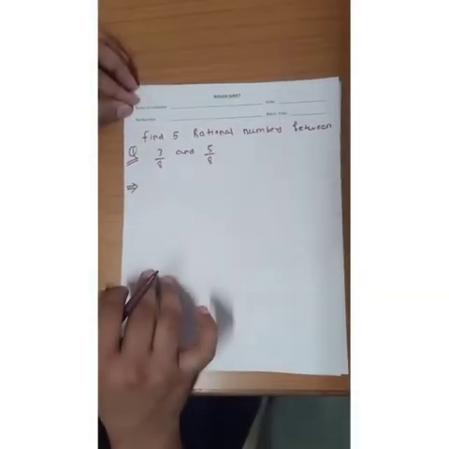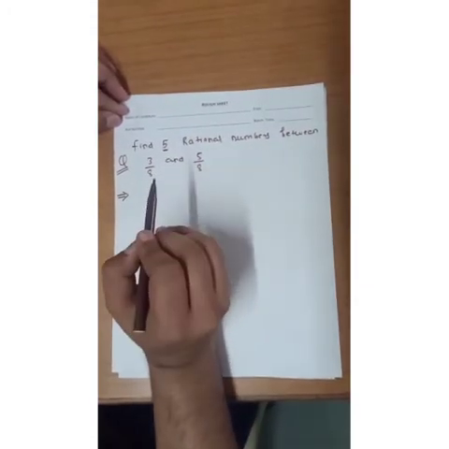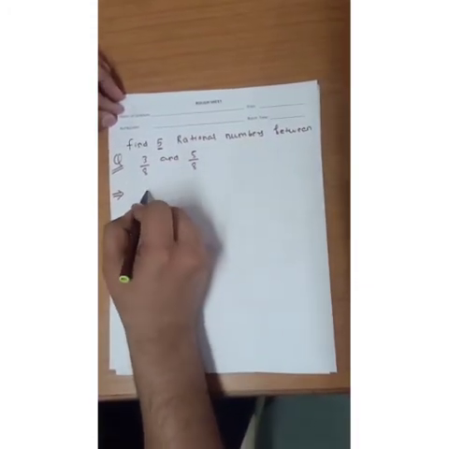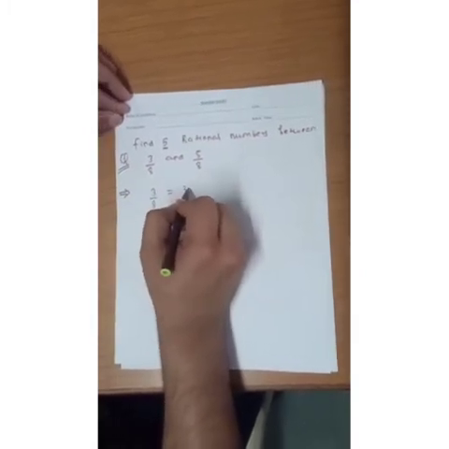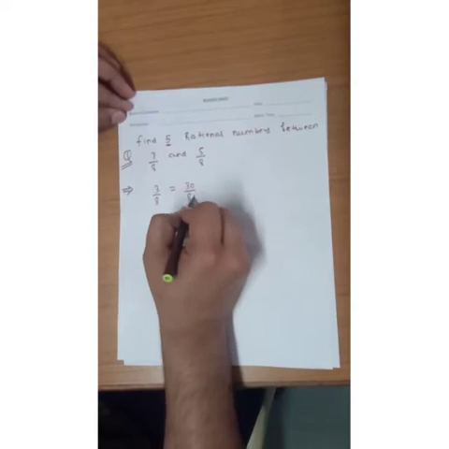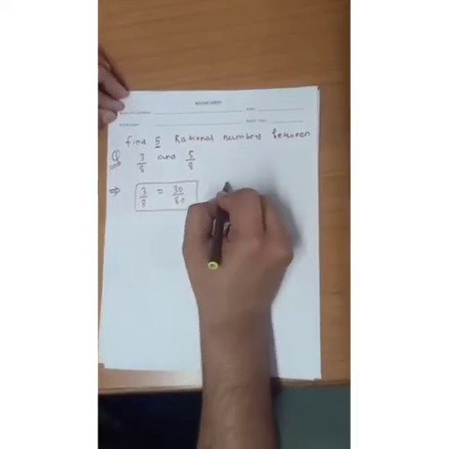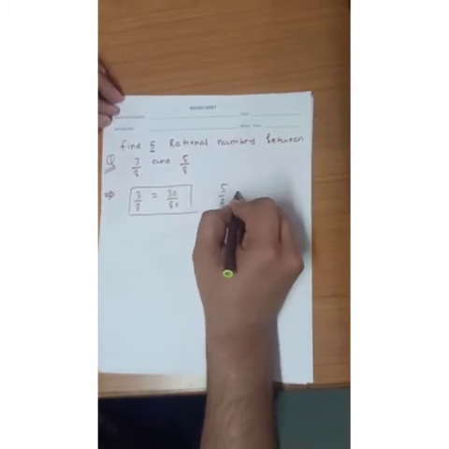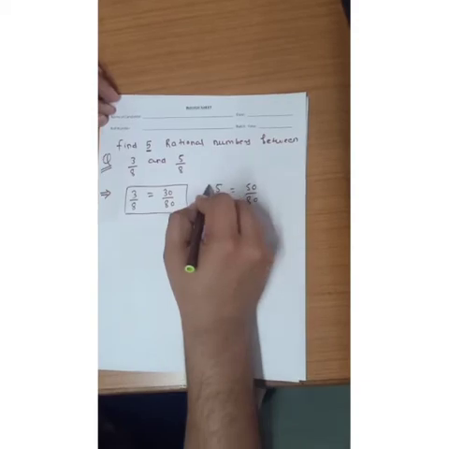Students, this is our example: you have to find 5 rational numbers between 3 by 8 and 5 by 8. So 3 by 8 can be written as 30 by 80, and 5 by 8 can be written as 50 by 80, correct?